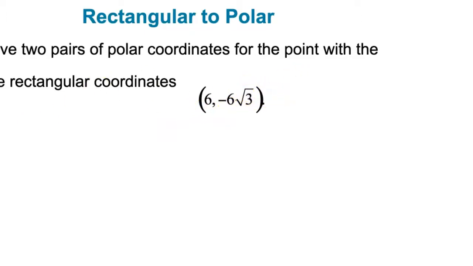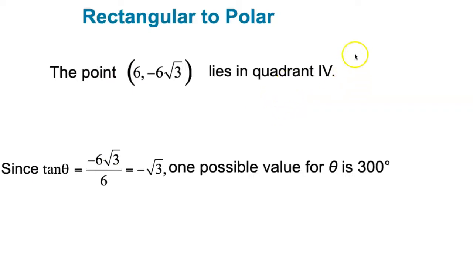Since the point is in the fourth quadrant, when we write the equation tangent theta is equal to y over x and take the arc tangent, or look at the unit circle for a value, we need to make sure the value is actually in the fourth quadrant.